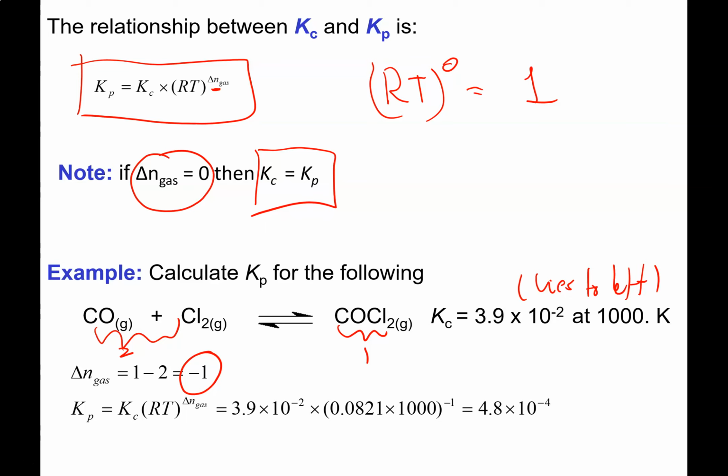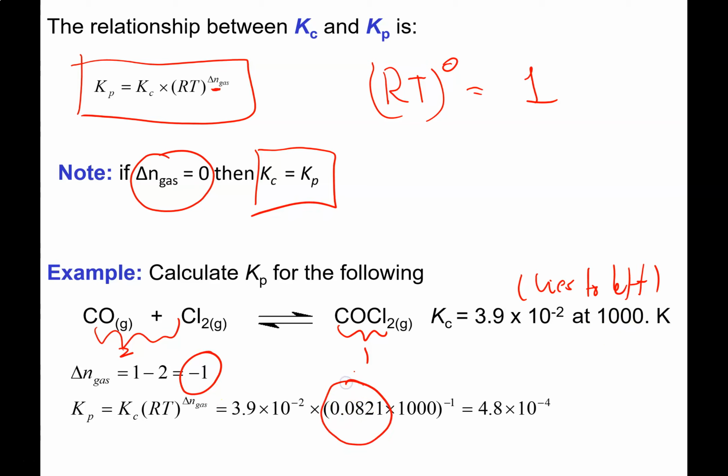Now I just apply my formula. Kp equals Kc multiplied by RT to the power of -1. You do have to keep your temperature in Kelvin, because it has to be consistent with the units for the ideal gas constant.